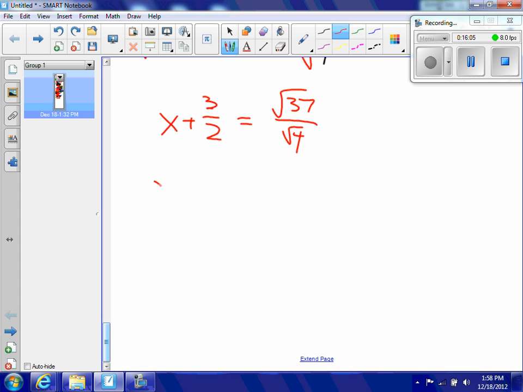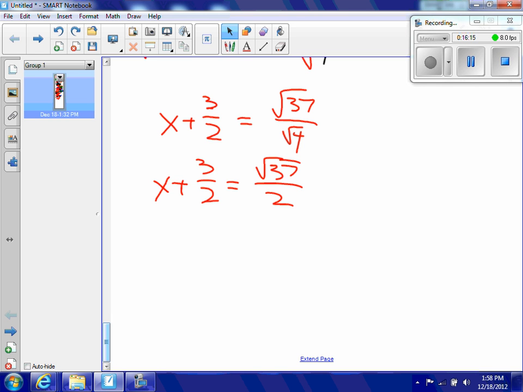So x plus 3/2 is equal to radical 37 over 2. Let's subtract 3/2 from both sides.